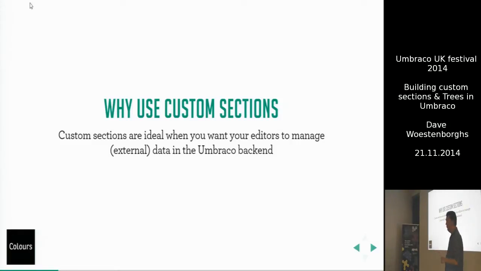For people that don't know what custom sections are, they are ideal when you want your editors to manage external data, but it can also be data from the CMS. One of the custom sections I built was, for example, on every page of the website, users could post comments, but the editors should approve them first, and the comments were stored as documents in the CMS.